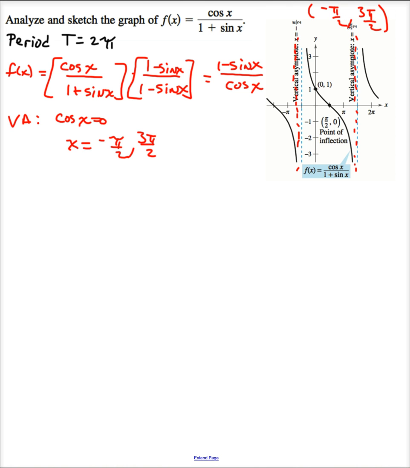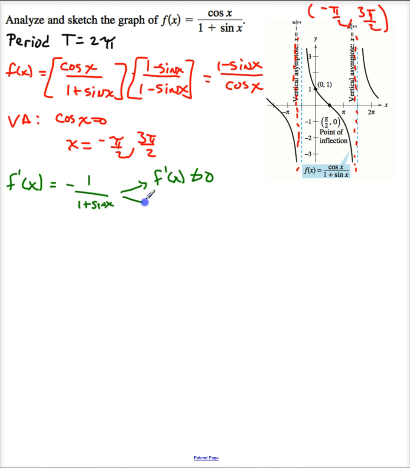So now let's go back to the original function. Let's do the first derivative. F prime of x is equal to minus 1 over 1 plus sine of x. Now it's very obvious for a couple of things. F prime of x is never 0.